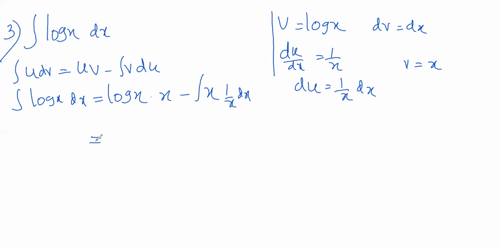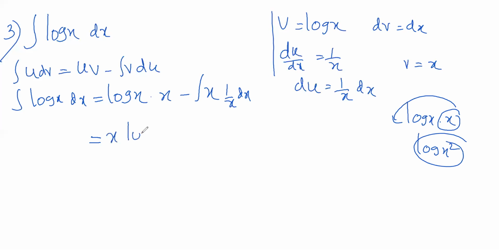Now for the safer side, always write the x term first. See, you made some mistake. Log x into x, in a hurry, you wrote log x square. So here you made a mistake, no? So for the safer side, always write x as the first term. So write x into log x.